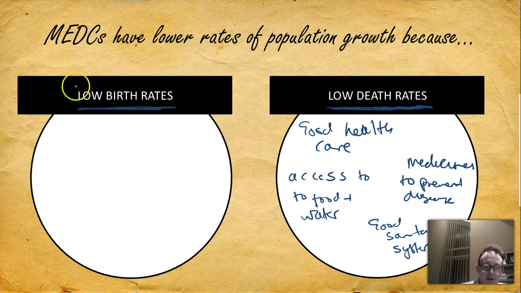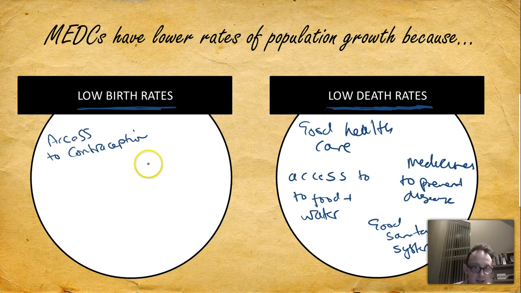The reason we've got low birth rates is we've got access to contraception. So pop down to Tesco's, get condoms, whatever. Other reasons we've got low birth rates are to do with not needing children to work.